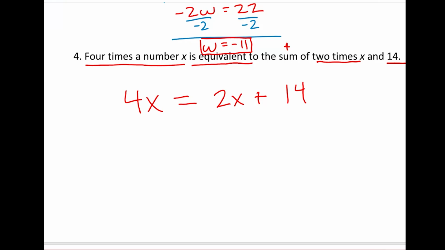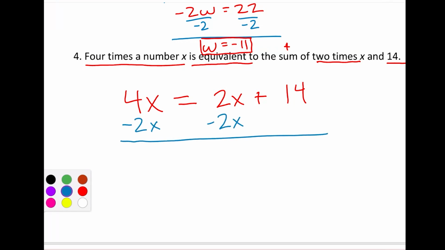And once you've got it set up, once again, we just sort of go through the motions here, use those properties of equality. Don't really want to focus too much on that today because we already went over that last time. What do we get here? 2x equals 14, so x is going to be 7.